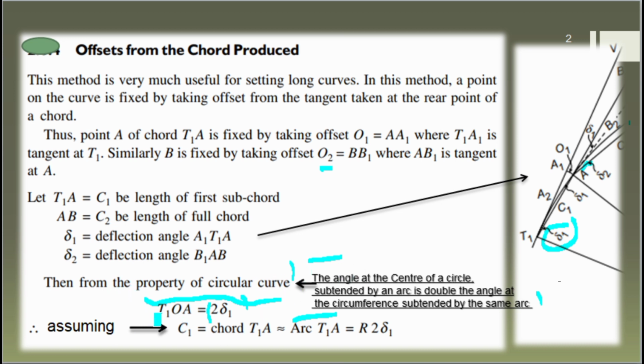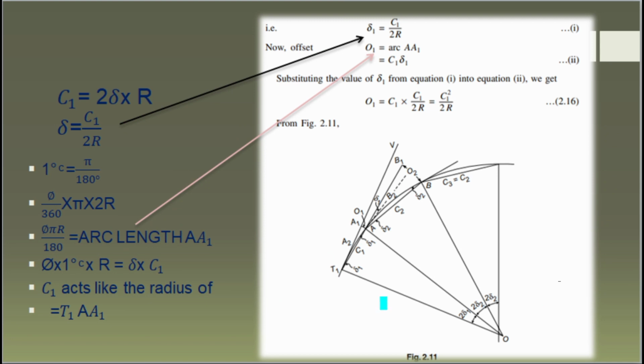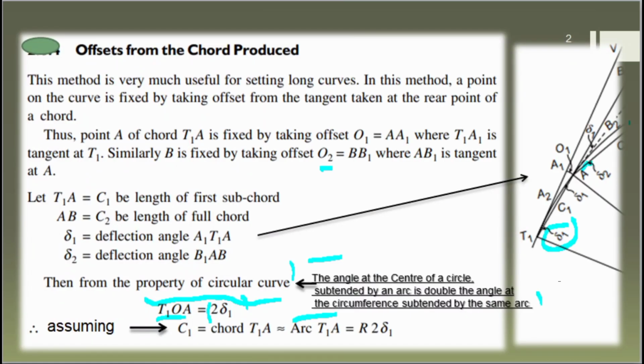T1 O A is the angle, and that is represented well in this diagram. This is the angle we are speaking about, which is 2 times the deflection angle we had gotten earlier.